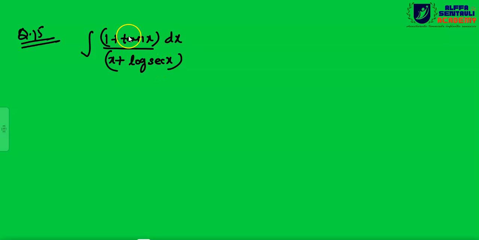Got it? So if I assume 1 plus tan x, then what will I get? Instead of log sec x, I can take this whole term. See how? Let's suppose I have taken a wrong substitution. So first, the wrong substitution: if I take 1 plus tan x as t, then I should get dx is nothing but dt upon sec square x.